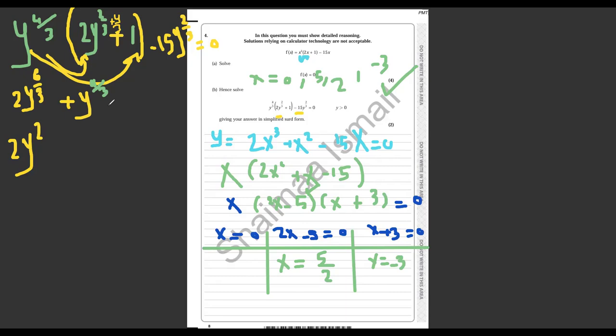Here it will be minus 15y to the power of 2/3. Okay, so the same here: plus y to the power of 4 over 3 minus 15y to the power of 2/3. Then we're going to take y to the power of 2/3, all that equal to 0.